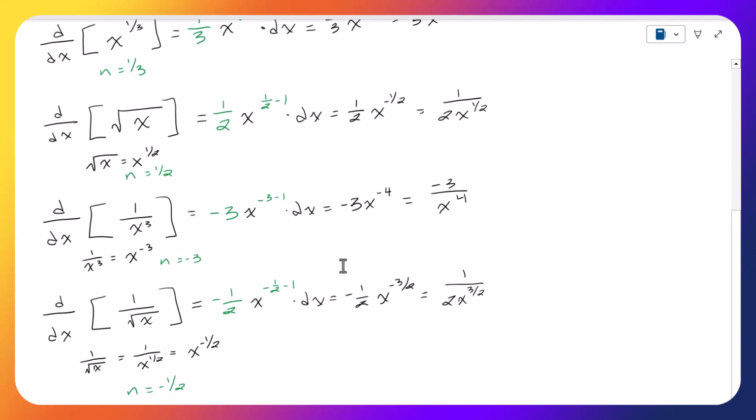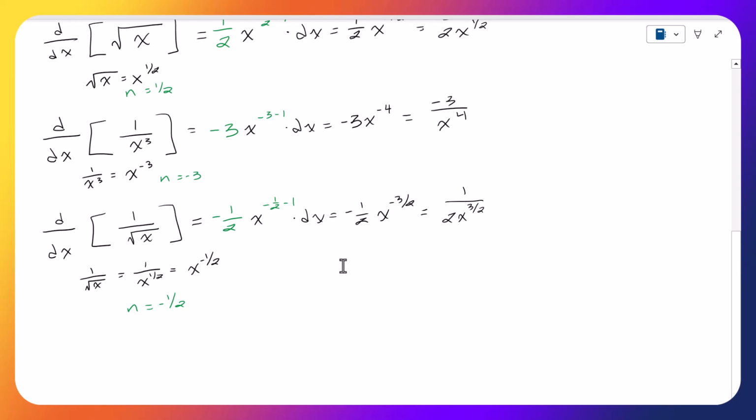That's pretty much everything we need to know about the power rule. I actually will do one more example that I think will be helpful now that I'm thinking about it. If we were to take the derivative of, let's say, x to the 3/2 minus 2 over the square root of x.